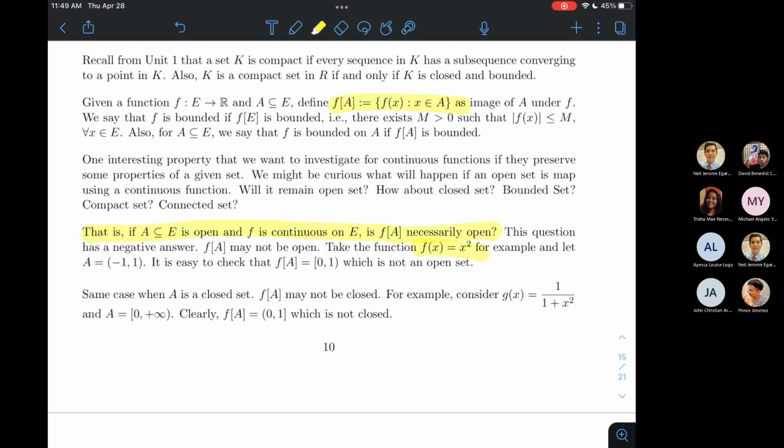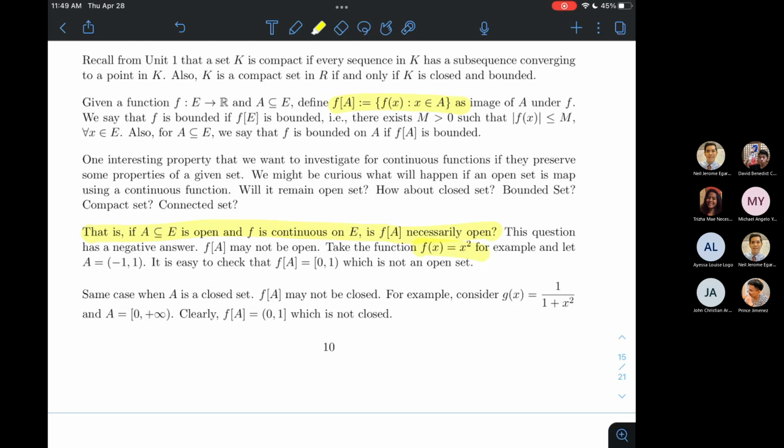So ang result ng function evaluation ay yung image ng isang domain element. Tapos kapag kinuha mo yung image ng lahat ng mga domain elements, yun yung makukuha nating range. So when we say image of the function f, siya yung range o siya yung collection ng lahat ng mga function values ng domain elements.